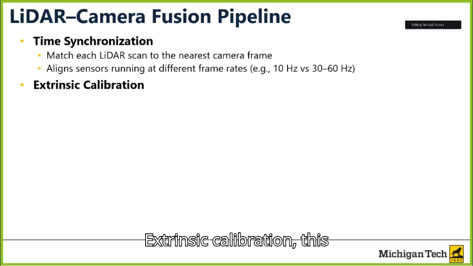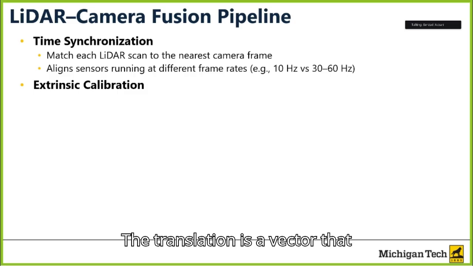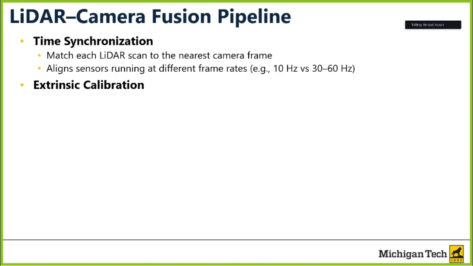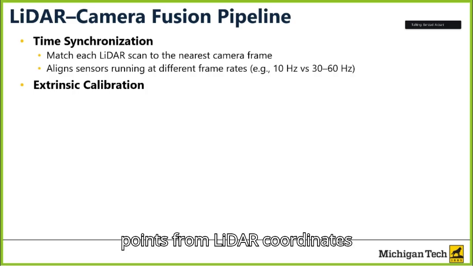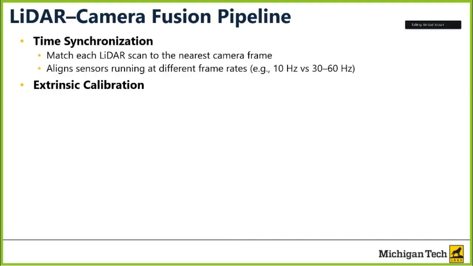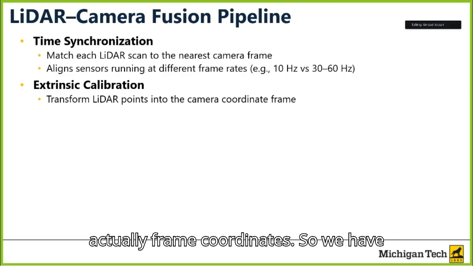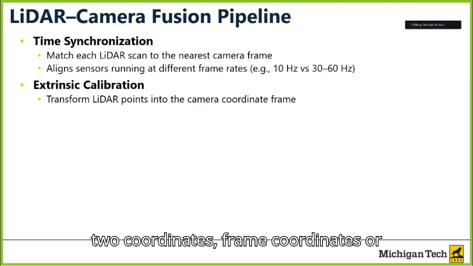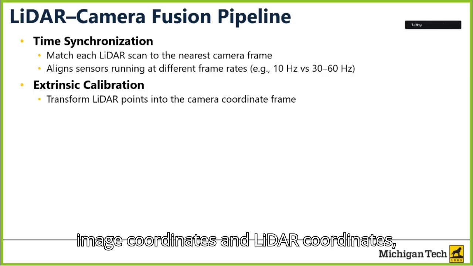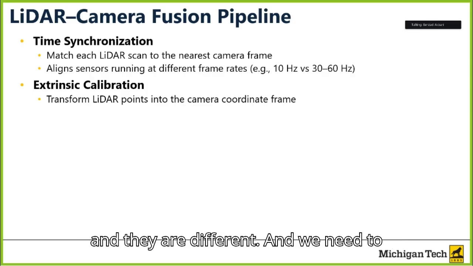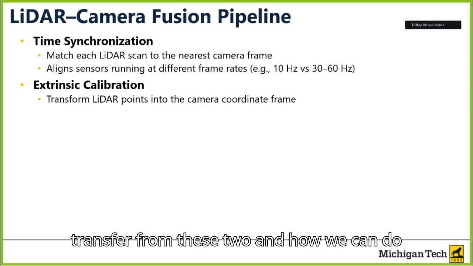Extrinsic calibration gives us the rotation matrix and also the translation vector, which help transform points from LiDAR coordinates to camera frame coordinates. So we have two coordinate systems, image coordinates and LiDAR coordinates, and they are different, and we need to transfer between them.